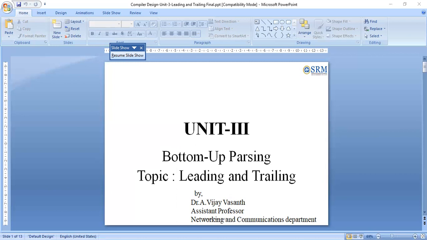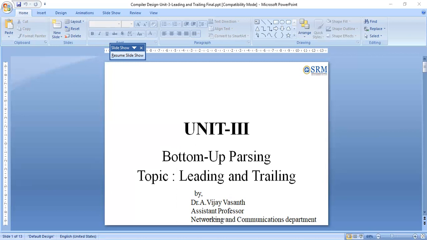There are 6 steps to compute the operator precedence parser: ensuring the operator grammar satisfies the prerequisite, and based on that operator grammar, dealing with leading and trailing.